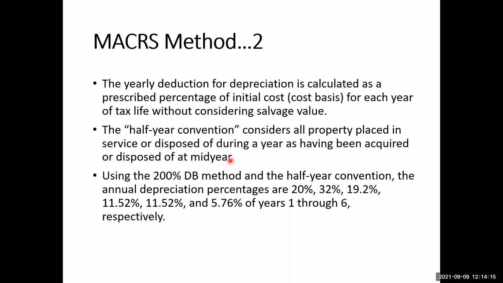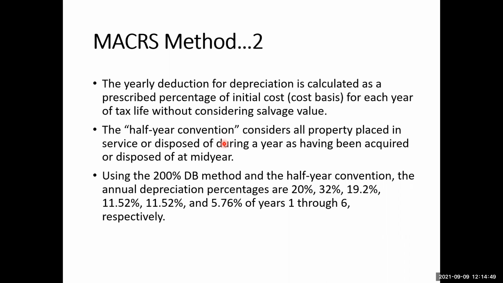If it is for 7 years, we will depreciate the asset 8 times. For the 5-year property, 6 times comes because the first year will be the half year, the 2nd, 3rd, 4th, and 5th years will be full years, and the 6th one will also be considered as a half. So 2 halves at the start and the end, and the rest are considered full.